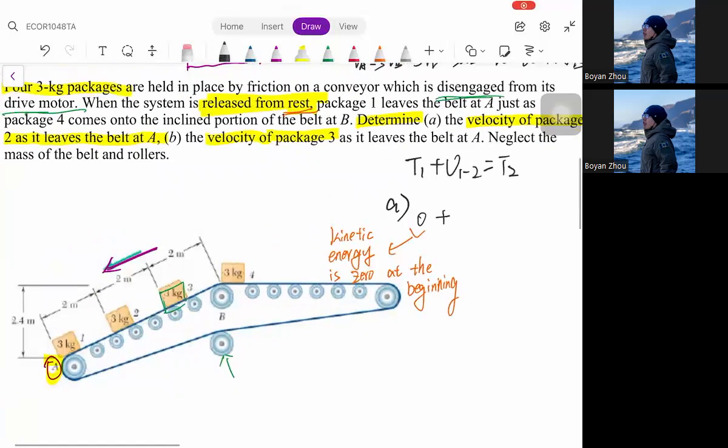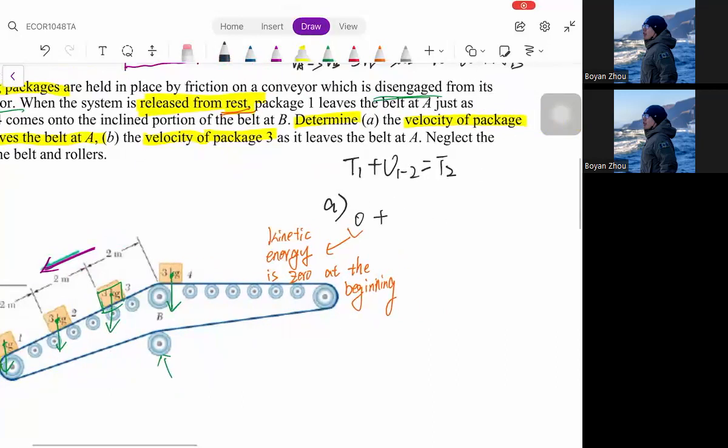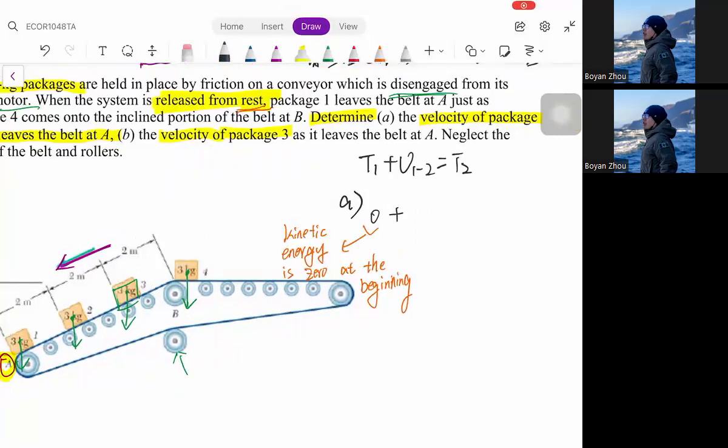In this case, the only external force is gravity. For each box, there is a gravity acting on it. Since we're analyzing the whole system, we have 3 boxes. So it's 3 times the gravity, that is mg, times the h.